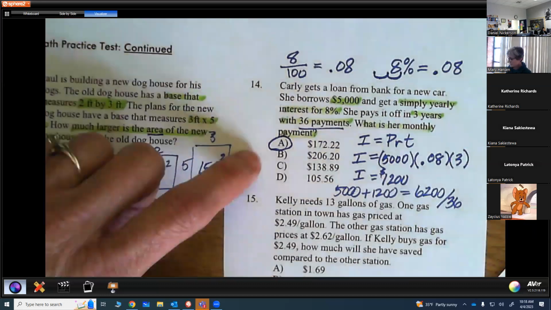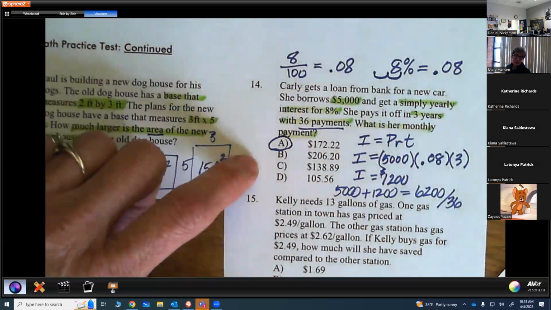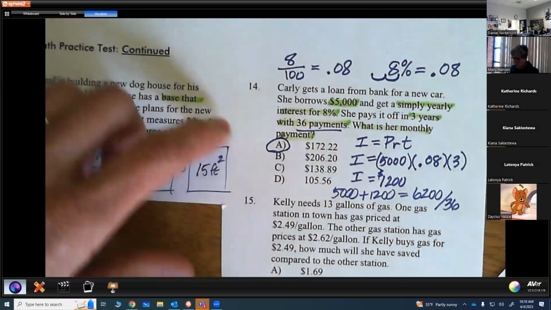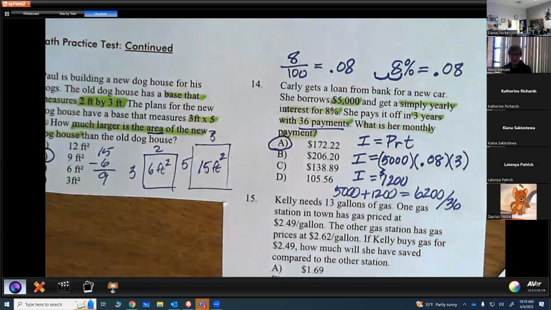The interest formula is a formula you probably will see on the GED. It's not a hard formula, but you have to pay a lot of attention to what it's asking for. Sometimes it'll ask for the interest. Sometimes it'll ask for how much total you pay back, so you have to add the interest to what they borrowed.